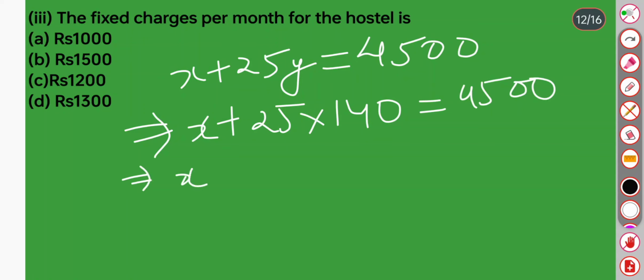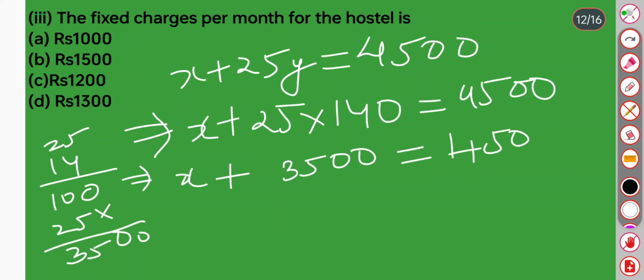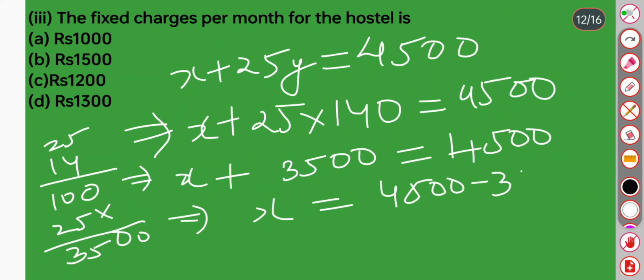If you multiply 25 into 140, you will get 3500. So x plus 3500 equal to 4500. So x is 4500 minus 3500, that is 1000. So x, which is the fixed charge, is 1000.